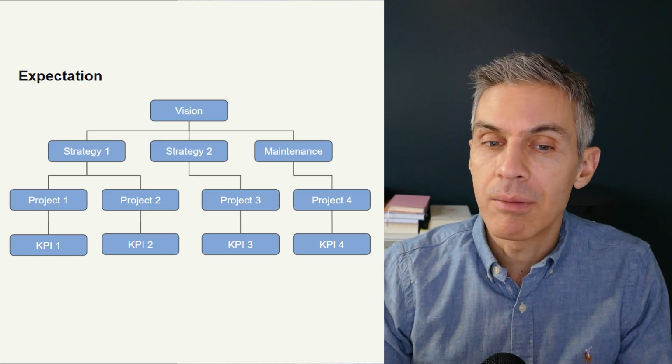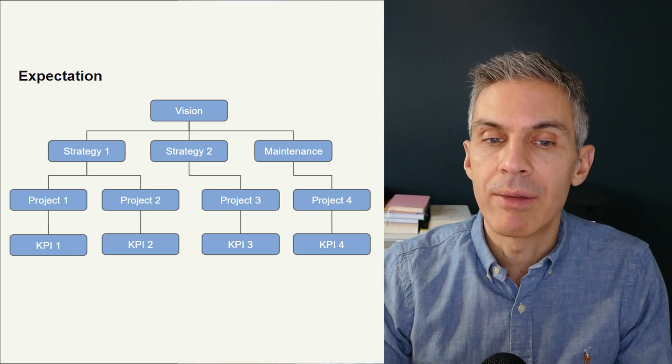Basically, what you want to represent is a tree of the different strategies that you have, the vision that is driving them, the projects that are aligned with the different strategies, and the KPIs and OKRs that you have to make sure you are achieving the goals of those strategies. In practice, it sounds really nice, and when you see it in a picture, like an example, it looks great.